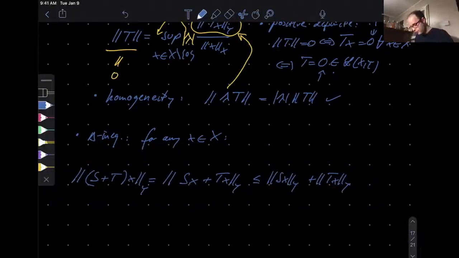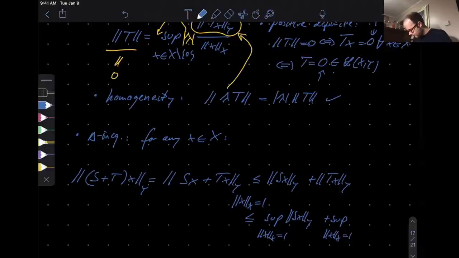So this is true for all x in the vector space. In particular, when x has length 1, this is certainly less than or equal to the supremum over all those vectors of length 1 of ||Sx||, plus, optimizing individually, the supremum of ||Tx||.